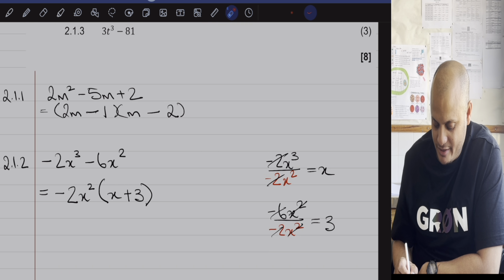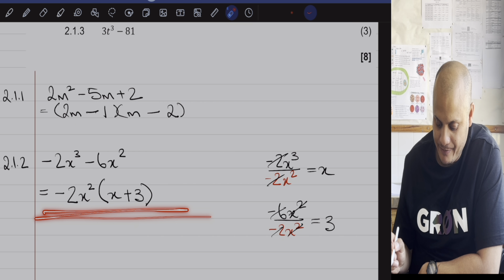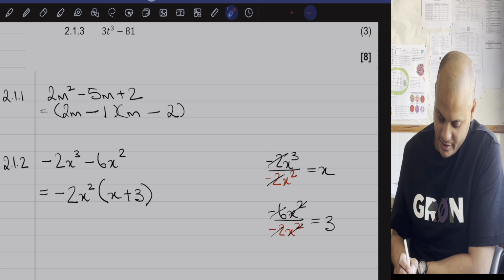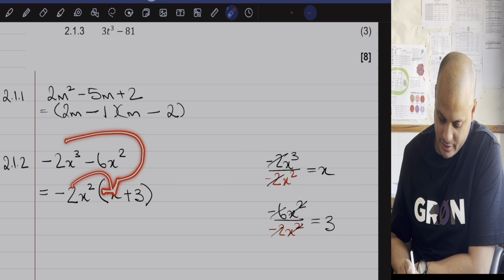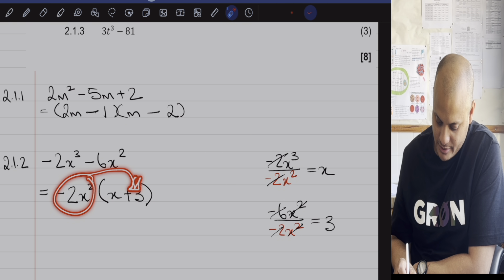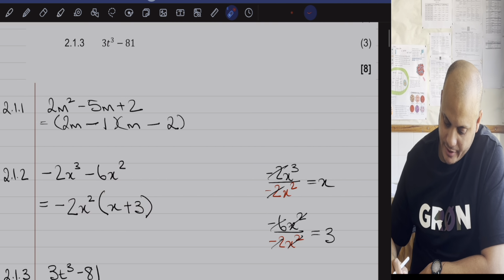You actually won't get that wrong, because you should eventually end up with this anyway. But there we have it. If I multiply this back into my bracket, I should get the first term again. And if I multiply this back into this bracket, I should get the second term again. And that is how you can test.